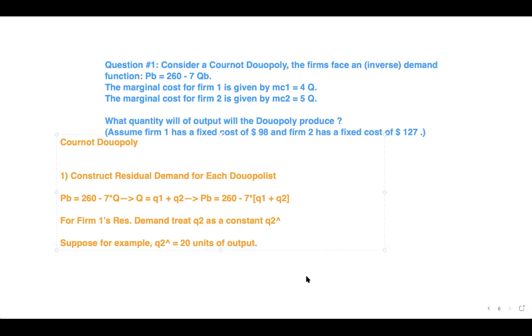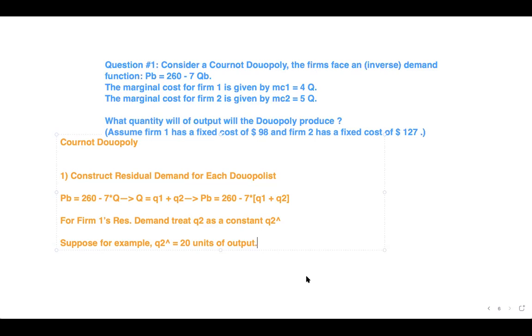This gets into the Nash behavior assumption. The Nash equilibrium is each player playing their best response, assuming the other player isn't going to change their behavior.